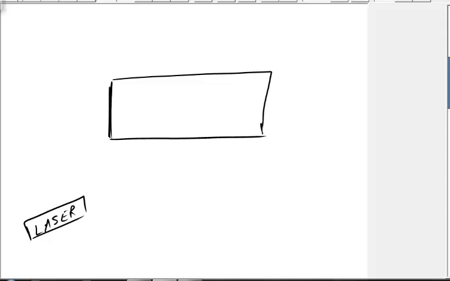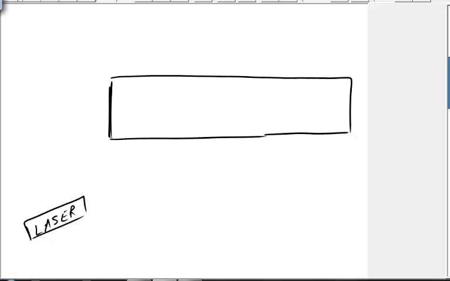I wish I could draw my picture again, so let's do that. The piece of glass is long. The laser goes through it at this angle, in a straight line, and hits this transparent material.